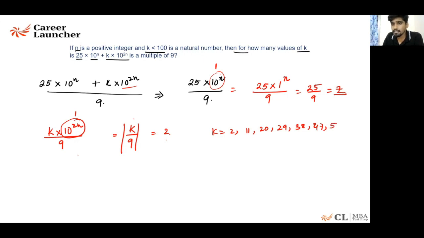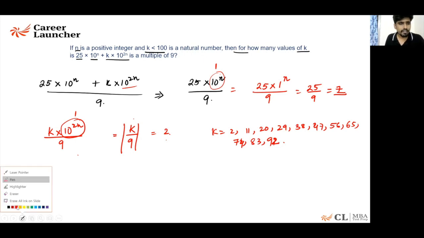So you can take 56, 65, 74, 83 or 92. That's it. So these are the values that k could have taken, because k is less than 100 and k is a natural number. 1, 2, 3, 4, 5, 6, 7, 8, 9, 10, 11 values.